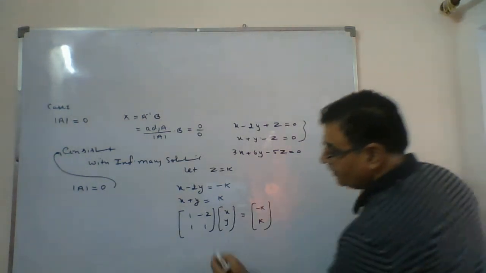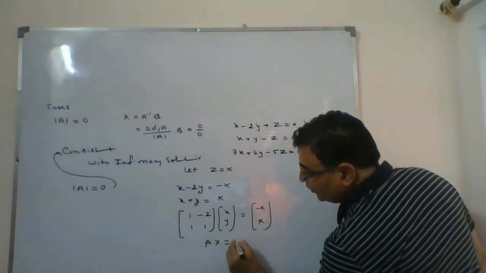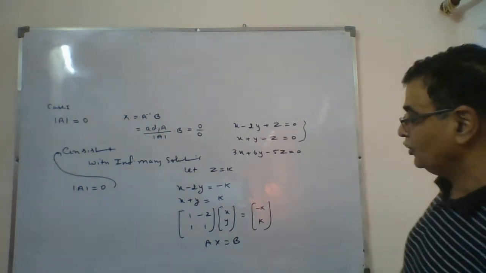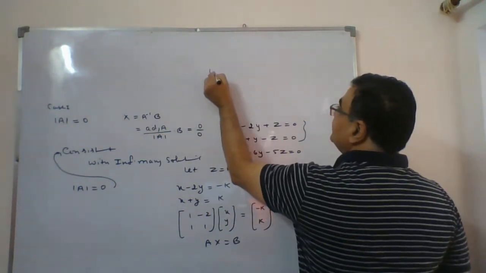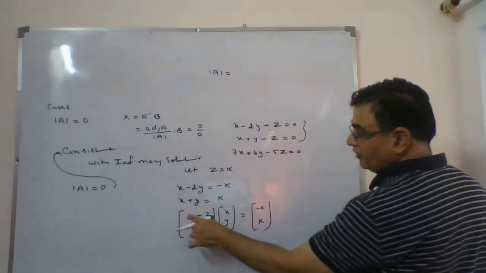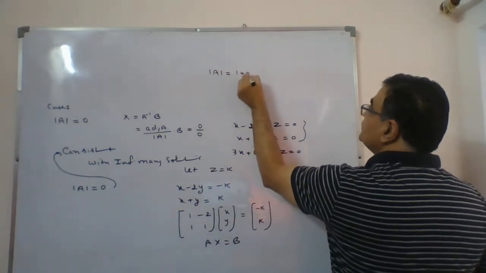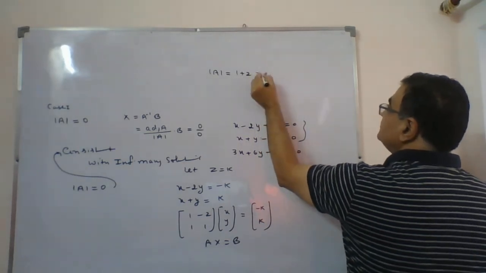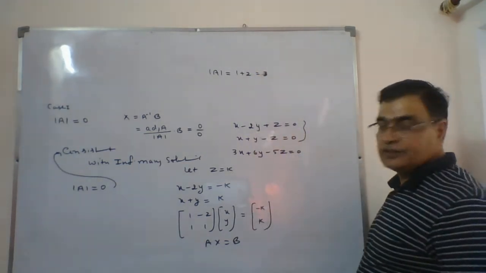Right? Then I go for AX is equal to B. And when you solve it, first you will find determinant A. Determinant A will be 1 plus 2, not coming 0, that is 3. That means it will have a unique solution.